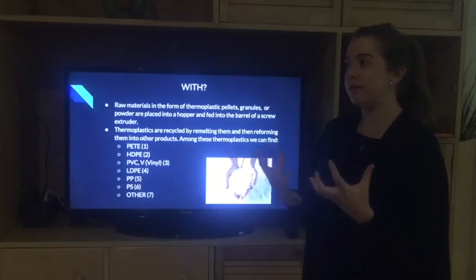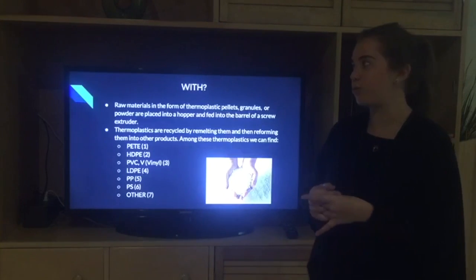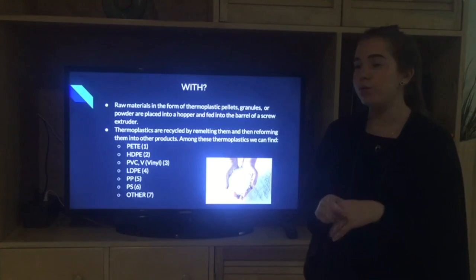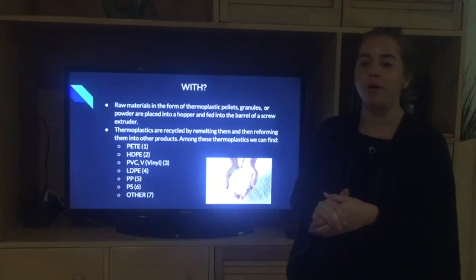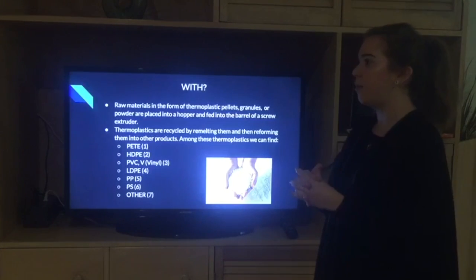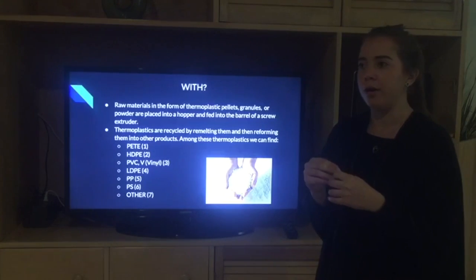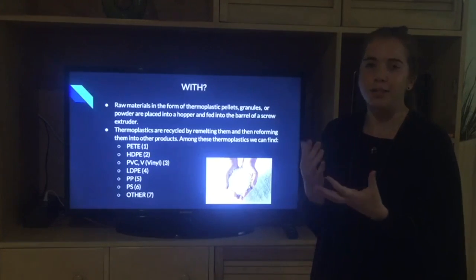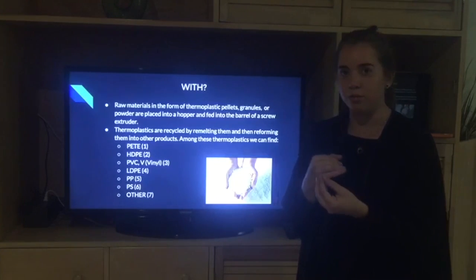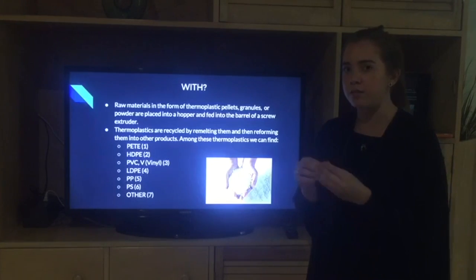Okay, so with what materials is injection molding used? It is typically used with raw materials in the form of thermoplastic pellets, which are small granules of plastic cut into a given size.